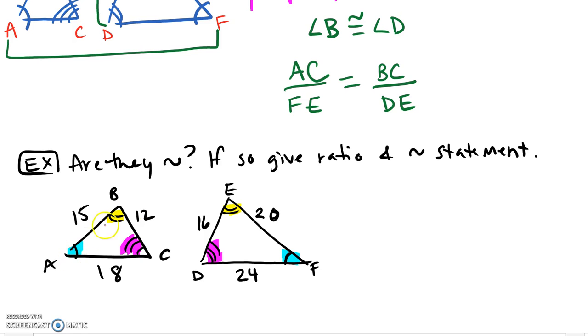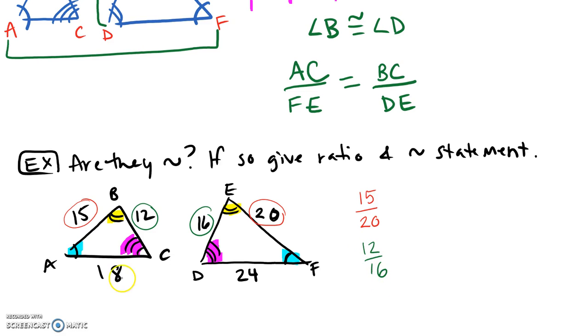So notice my blue-yellow side is 15. My blue-yellow side here is 20. So I'm going to write the fraction 15 over 20. That's my ratio. I'm going to do the same thing with the other sides that match up. The 12 would go with the 16. And the 18 goes with the 24.